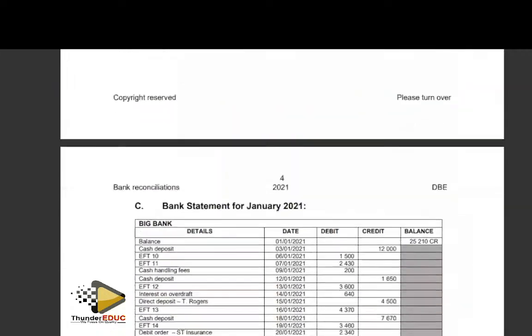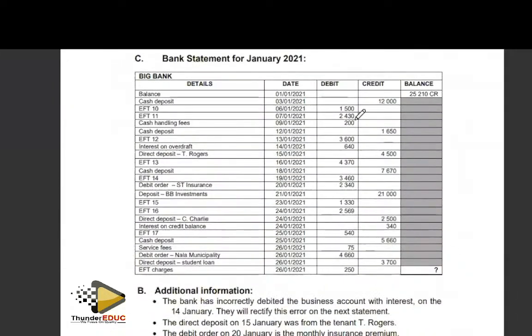So we are going to apply the principles which are used by the bank. Remember, I said that whenever the bank debits, for us we are paying. Whenever it credits, for us we are receiving money. Let me give you a clue.